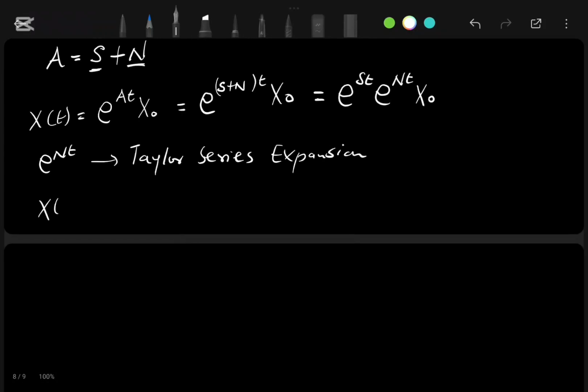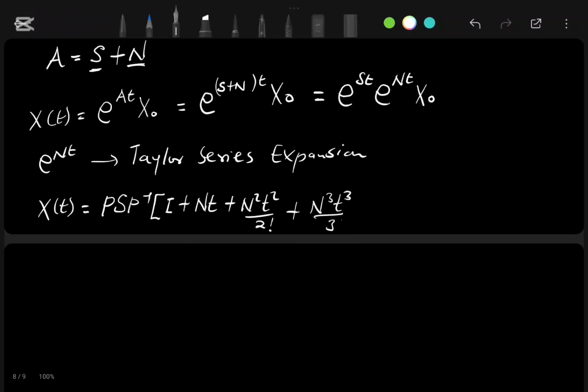Our solution, x of t, is equal to P e^S P inverse multiplied by I plus N t plus N squared t squared divided by 2 factorial plus N cubed t cubed divided by 3 factorial, multiplied by x naught.